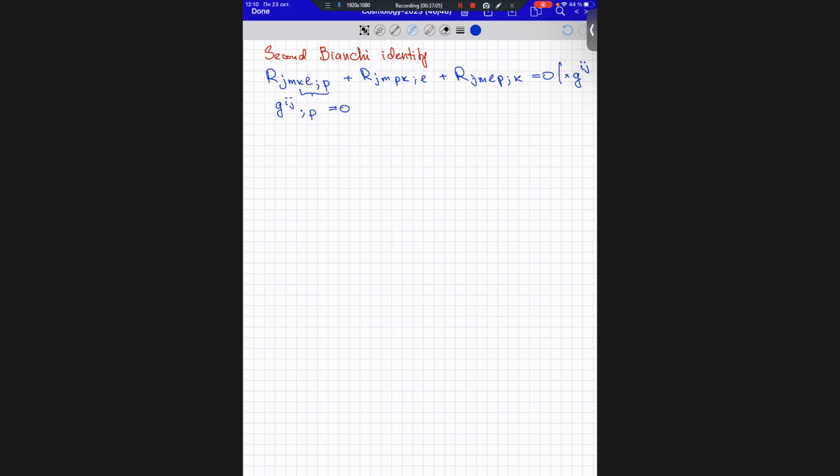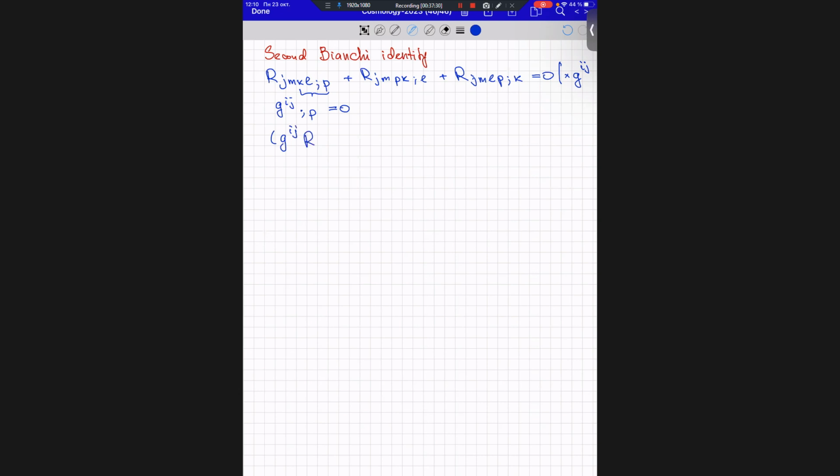This is also a property of the metric tensor which we obtained before. It means that I can put the metric tensor inside the operation of covariant derivation.